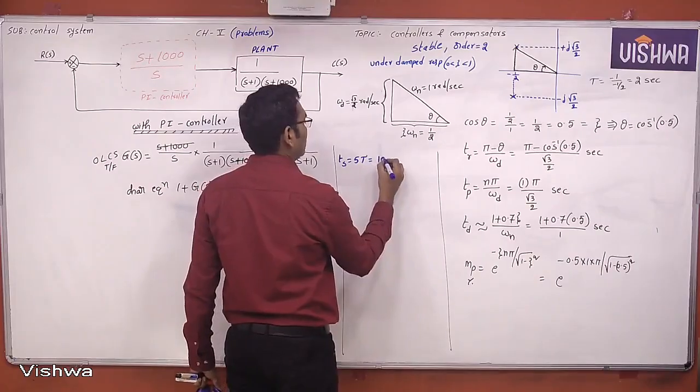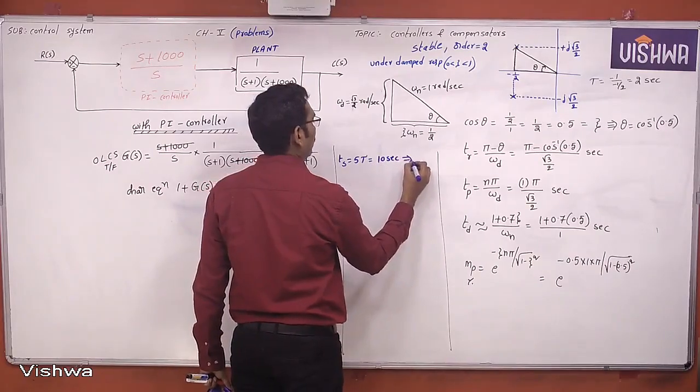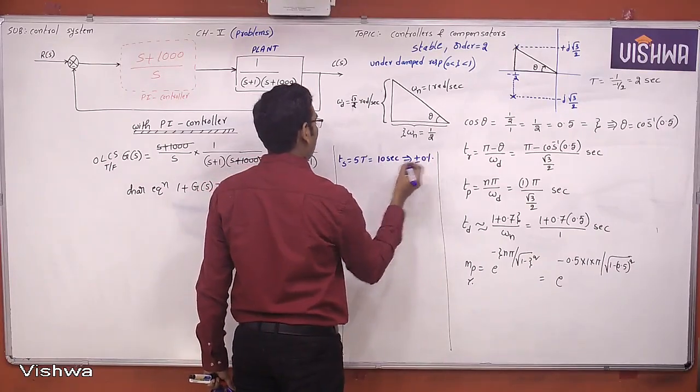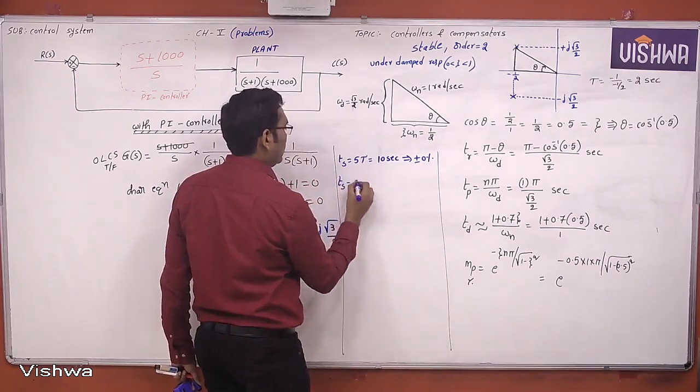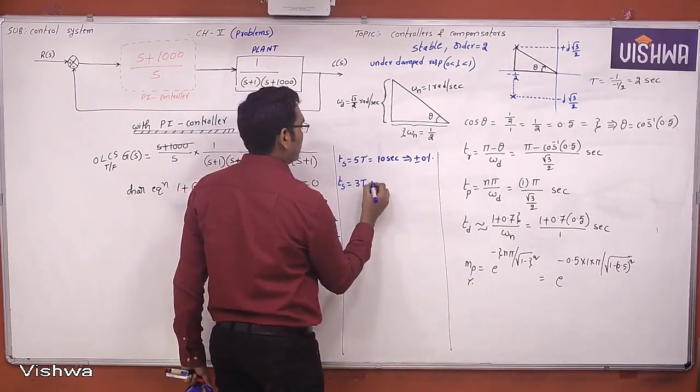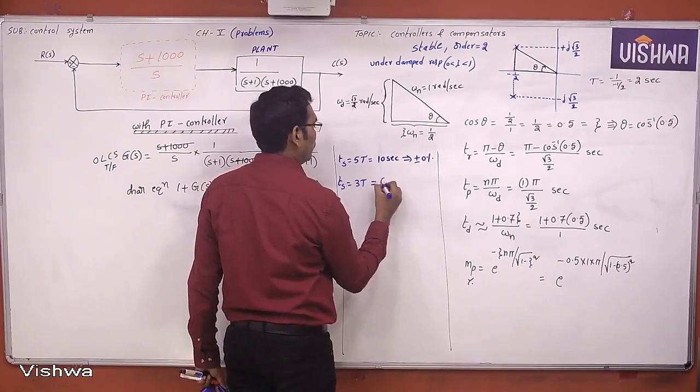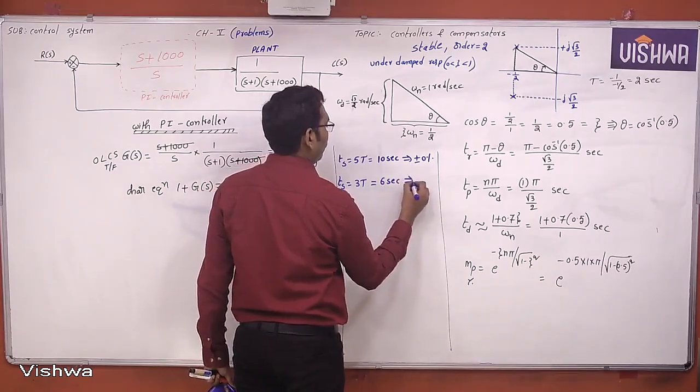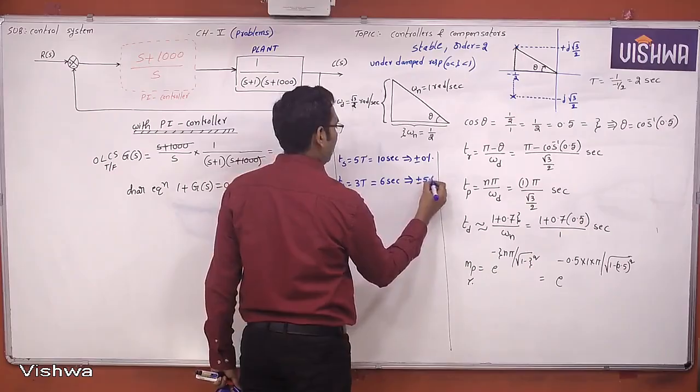So 10 seconds for 0% error. Settling time is equal to 3 time constants, means 3 into 2, 6 seconds for 5% error.